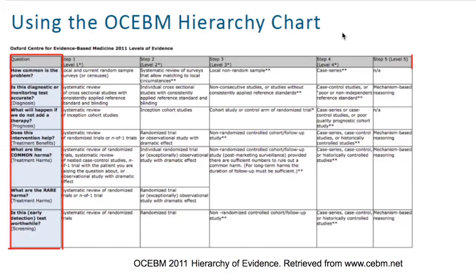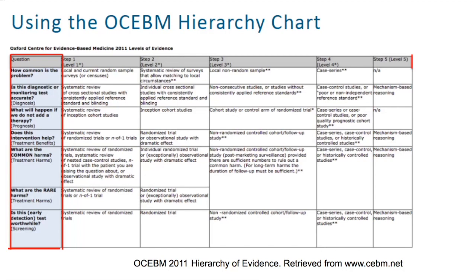Okay, so looking at it another way, let's look at the CEBM hierarchy chart. If you pull out the one that you have, you see those questions that I had on the previous slide here in the box on the left. As you go to the right, you can see the different levels or steps within the hierarchy.